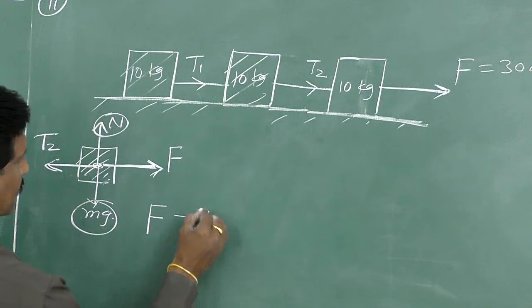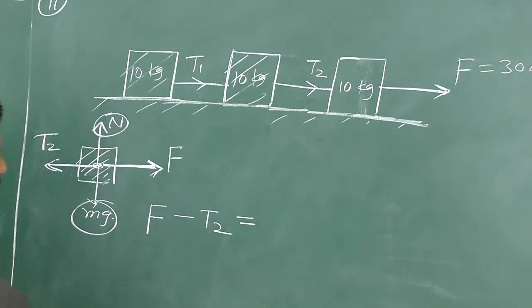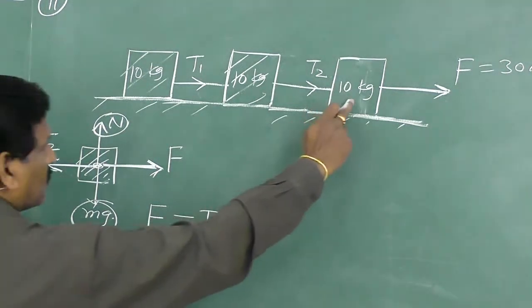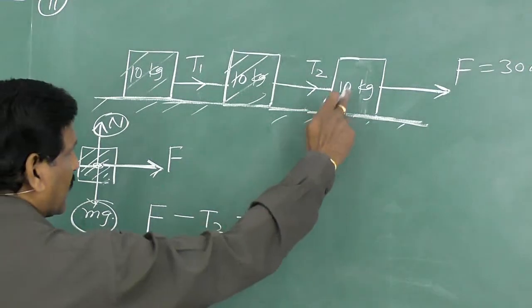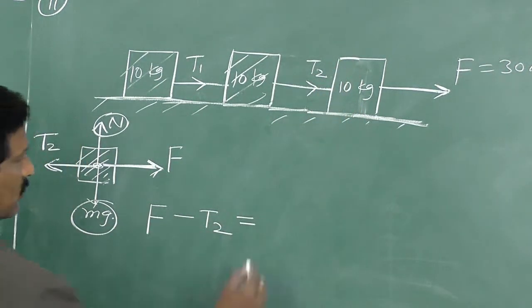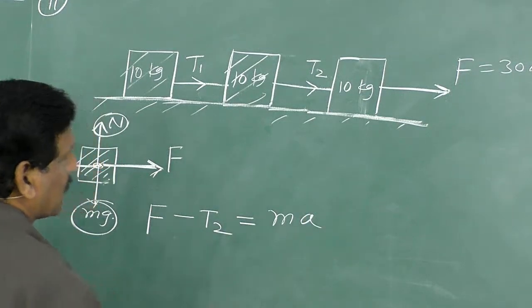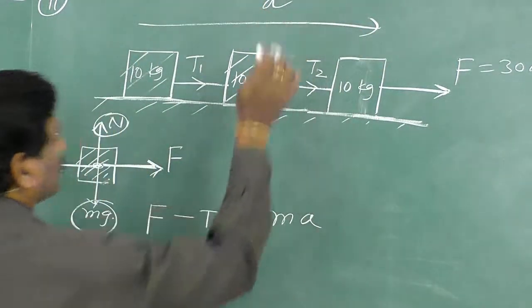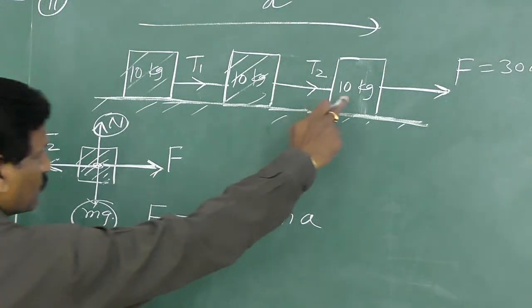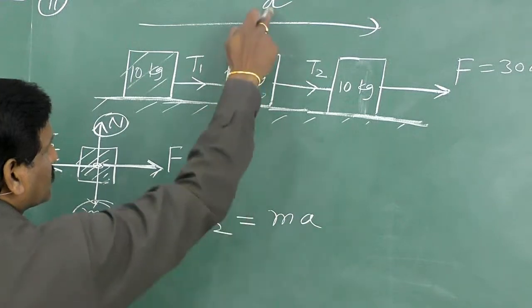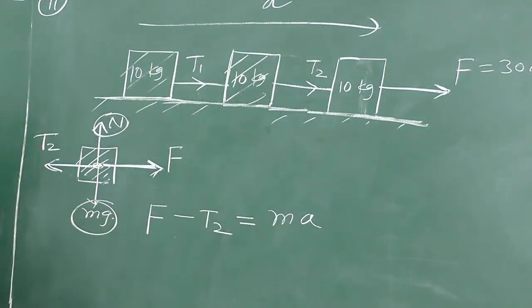So F minus T2 is the net force acting on the third block. Because of this net force, acceleration is produced in this block. If A is the acceleration of the 3 block system, then this moves with an acceleration A, this also moves with the same acceleration A.